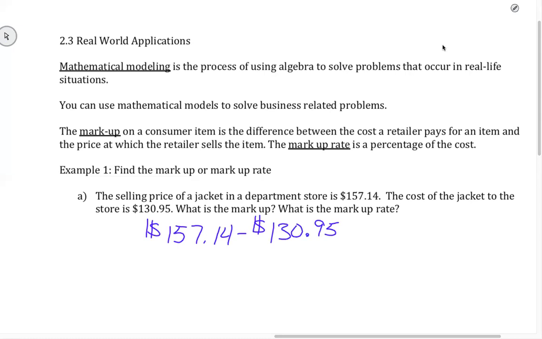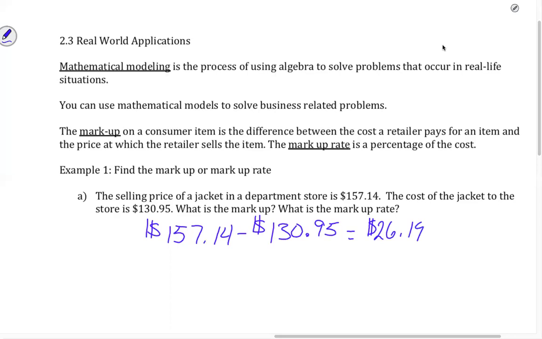And then I'm going to find that using my handy dandy calculator. 157.14 minus 130.95 is going to be 26.19.